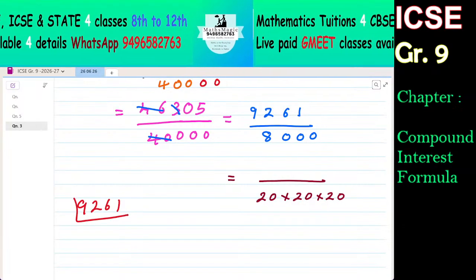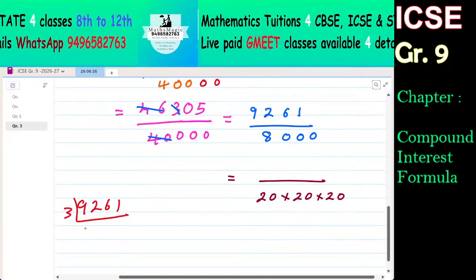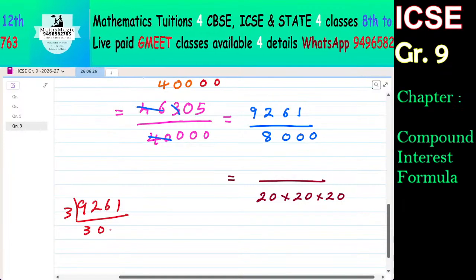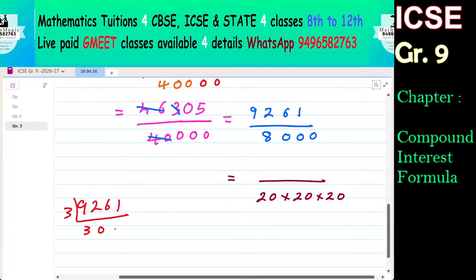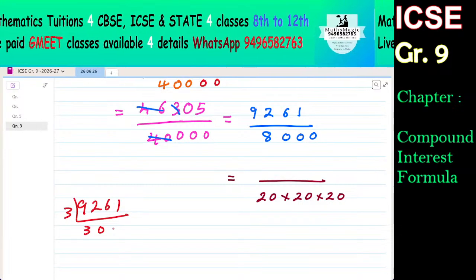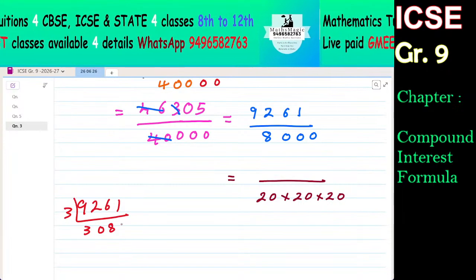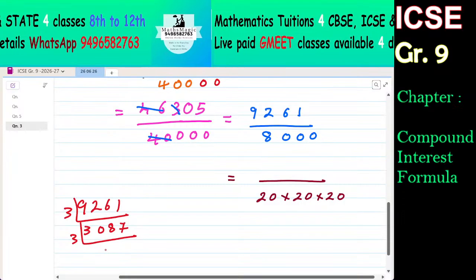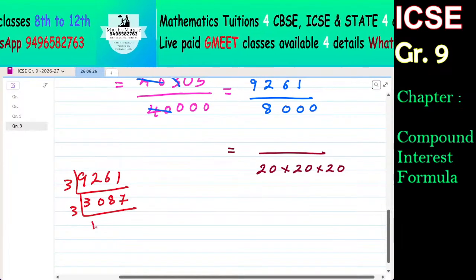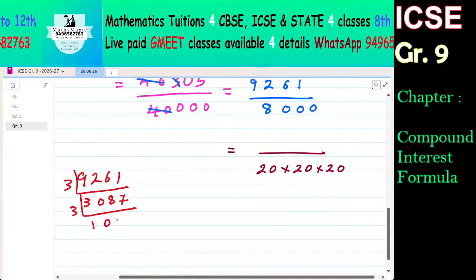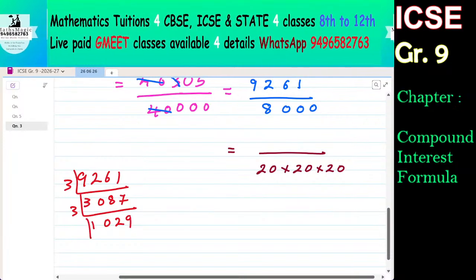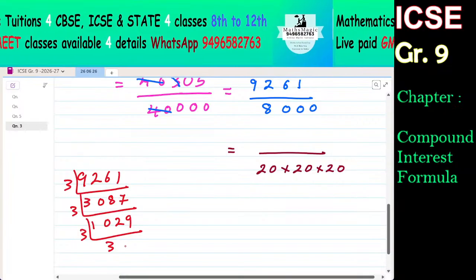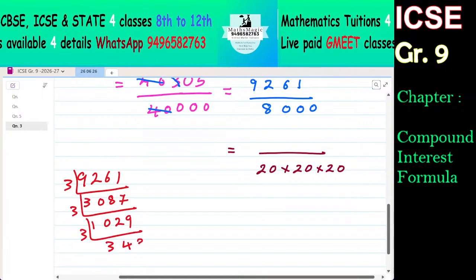So this will be divisible by 3. 3 3s are 9, 2 won't go, 3 it's 24, 7, again with 3, 1, 0, and 8, 2 times 9, again with 3, 3 3s are 9, 12 will become 4.